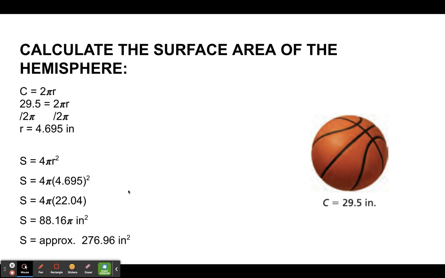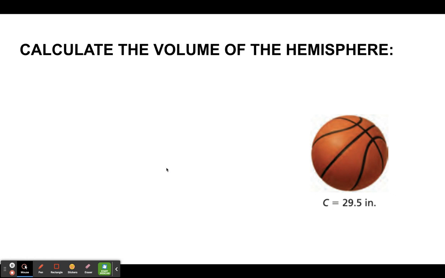As always, the steps are there for you to reference later. Now go ahead and calculate the volume of the basketball. All right, so basically same first step as the last problem, right?